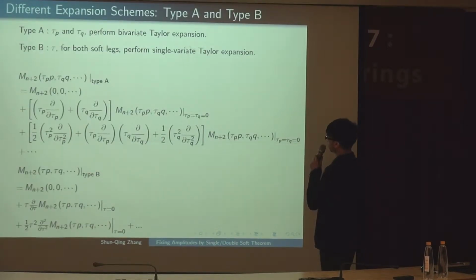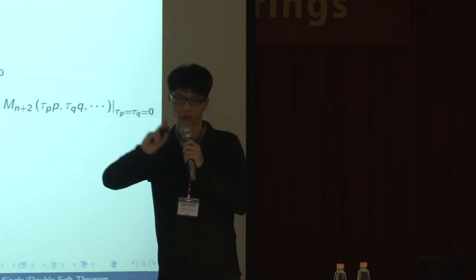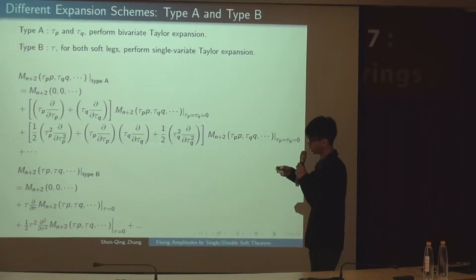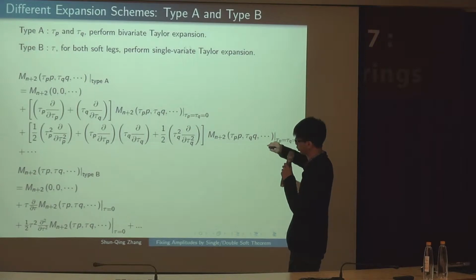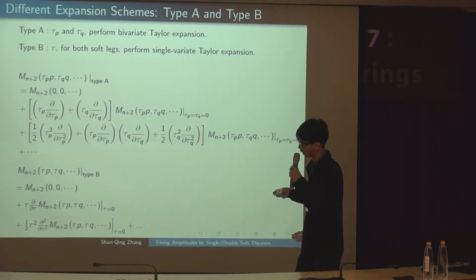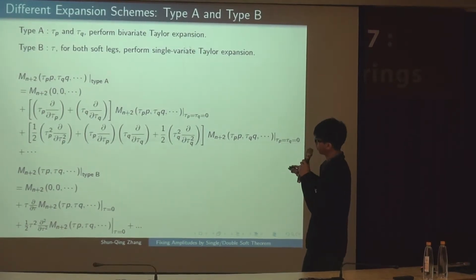Okay, so single soft means expanding one of the external momenta, and for double soft I have to expand two of the external momenta. But I have two ways to expand these two soft momenta. One is to assign them different soft parameters, tau p and tau q, and perform a bivariate Taylor expansion. The other is to assign them the same tau parameter and just perform a one variable Taylor expansion.